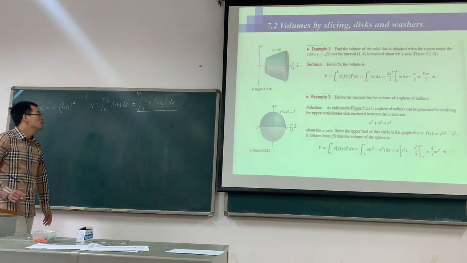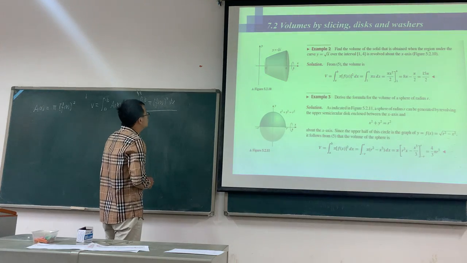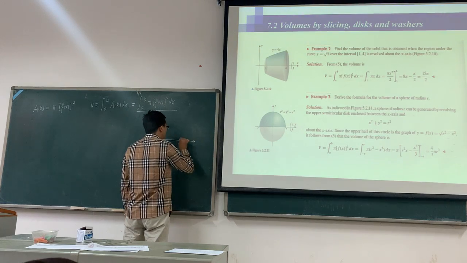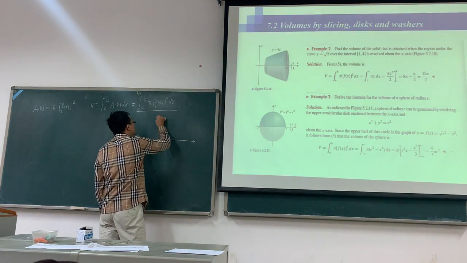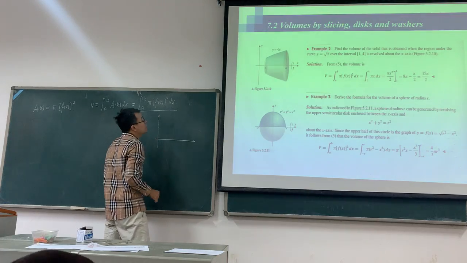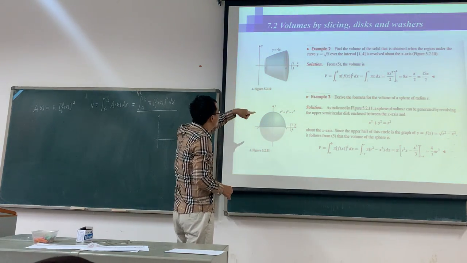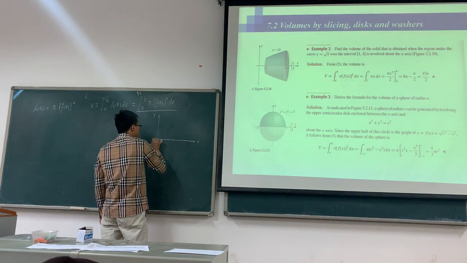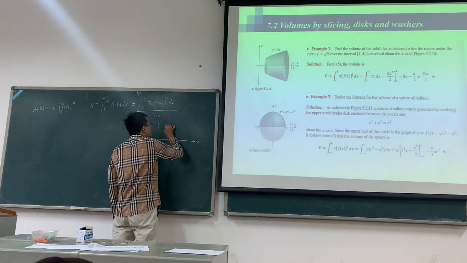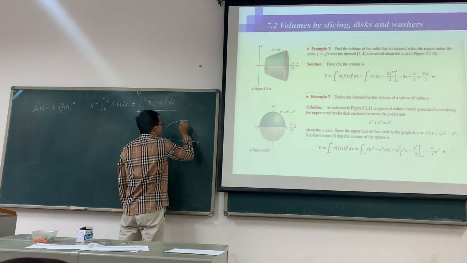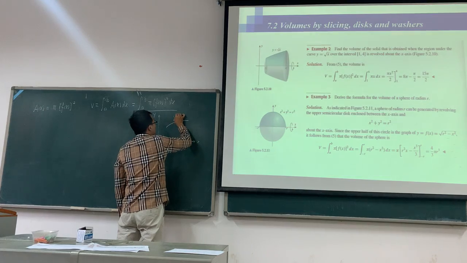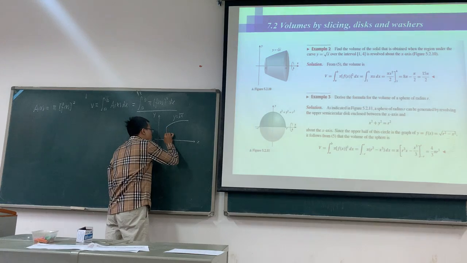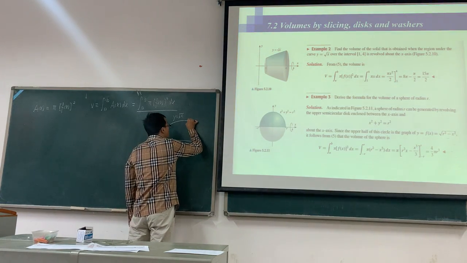For example 2, the curve is y equal to the square root of x. Here is x, here is y, here is the origin, and the interval is from 1 to 4.